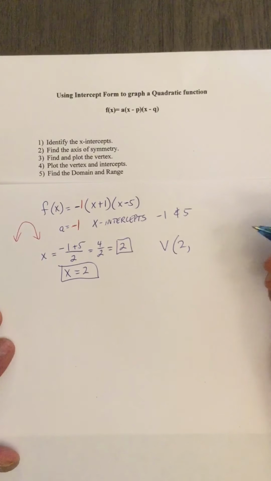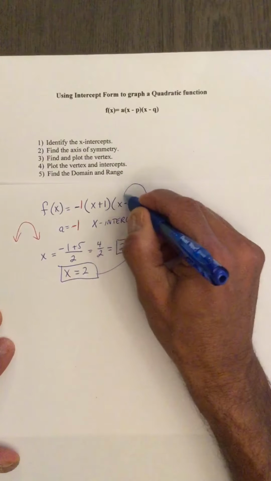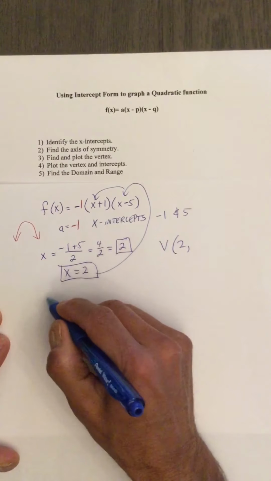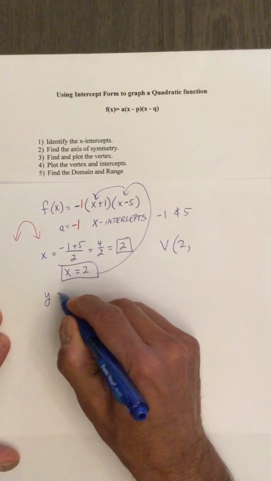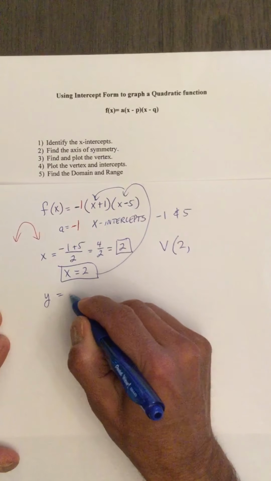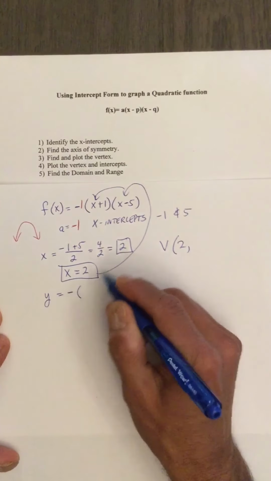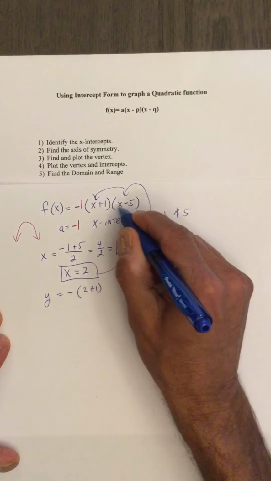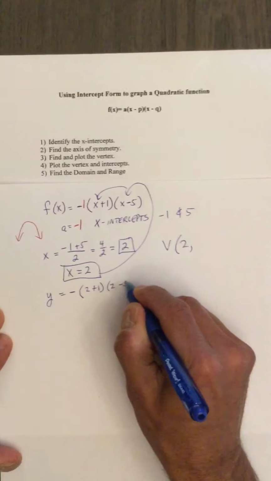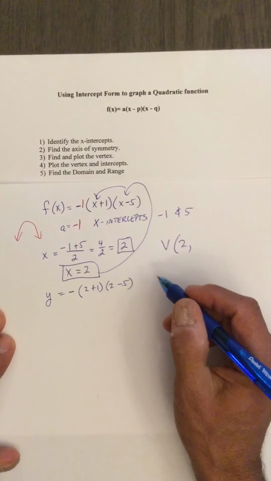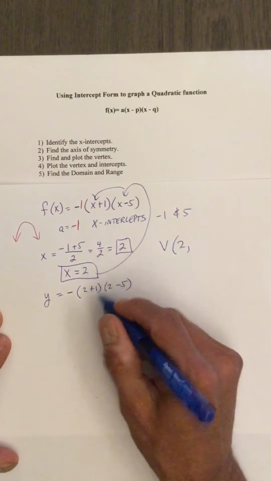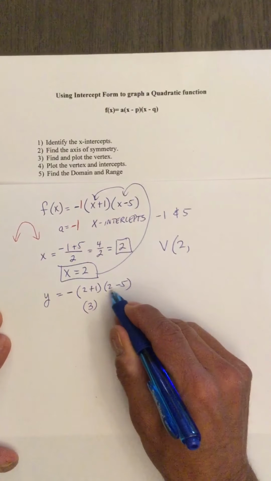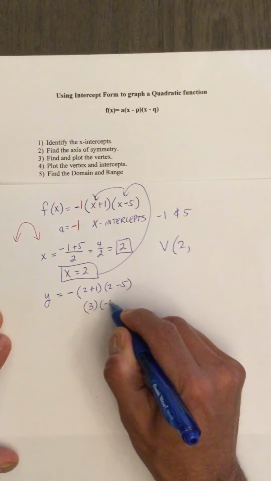Now to get your y value, just take this number, plug it back in here and here, and change that to a y. There's a minus sign there in front. I'm going to put a 2 right here and a 2 right there. And we're going to figure this out. 2 plus 1 is 3. 2 minus 5 is negative 3.